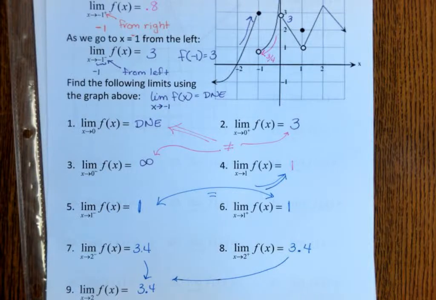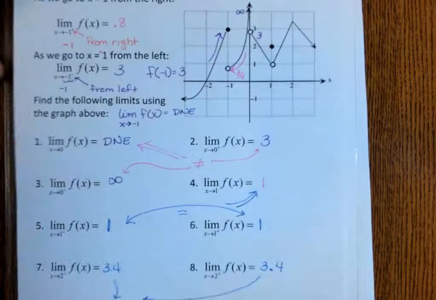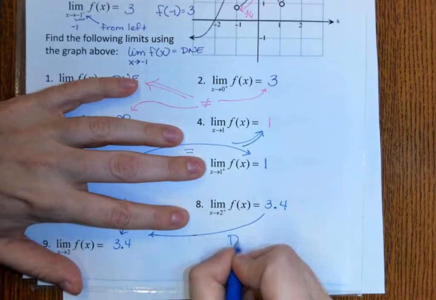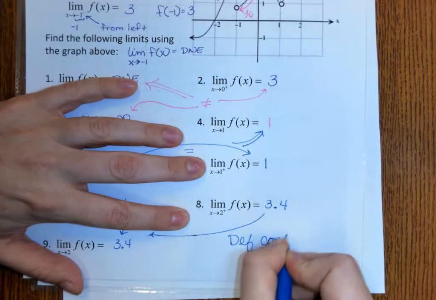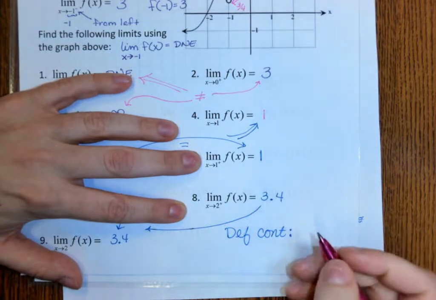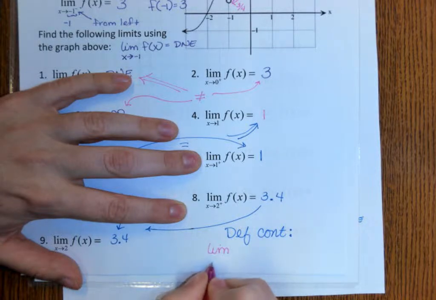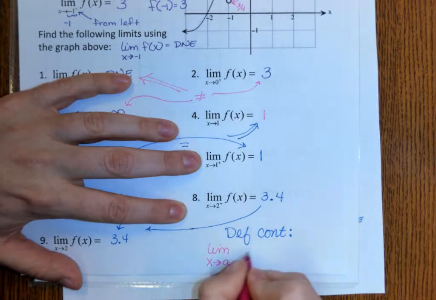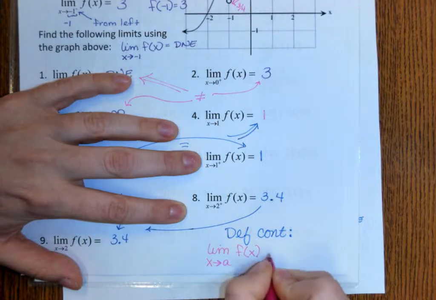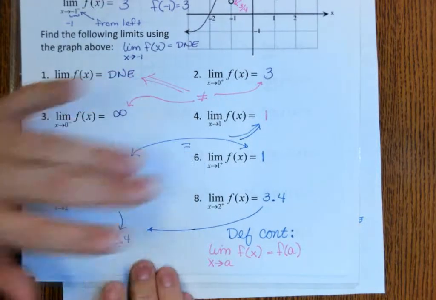There's one last thing that I want to talk about, and that's the definition of continuous. For something to be continuous, let's just go ahead and write it on here. If I ask you whether or not something is continuous, you have to be able to say the overall limit as you go to that number is the same thing as the function at that number.